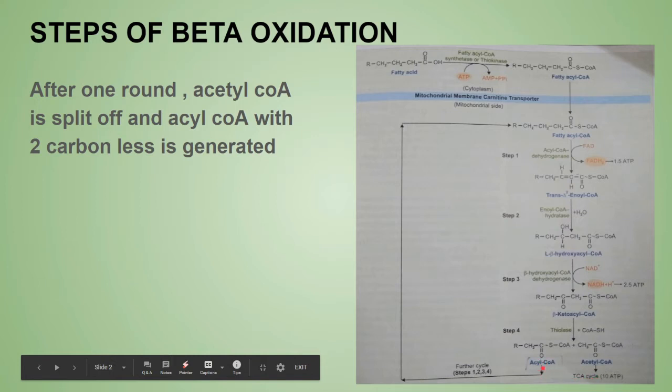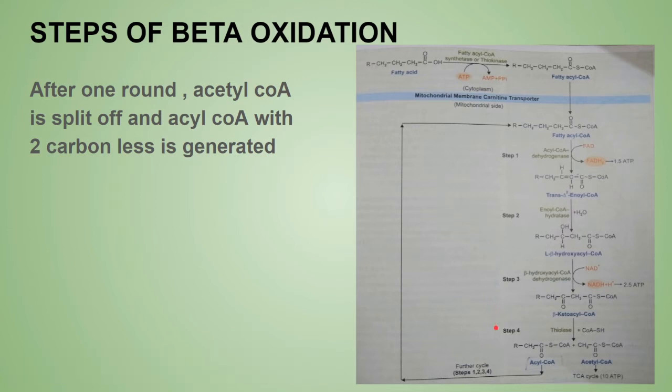This unit has 2 carbons less than the original fatty acyl-CoA, as you can see. So this will go again in this pathway until it is completely broken down.